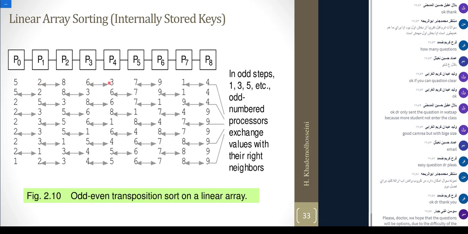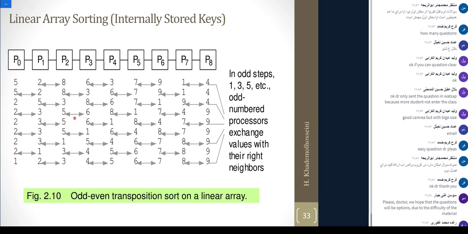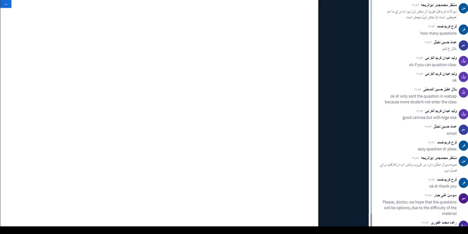I will give you the initial values, for example, with P9 processors, and I will ask you to sort it with odd even transposition, and tell me how many steps are needed. Then you go through the algorithm odd even and show me what happens in each step.